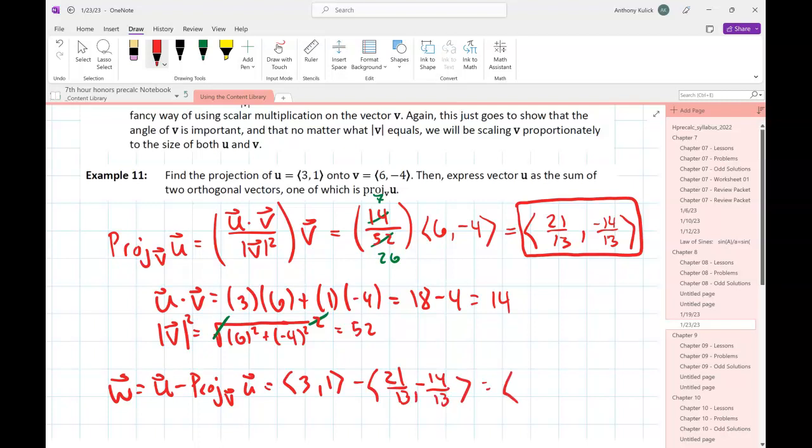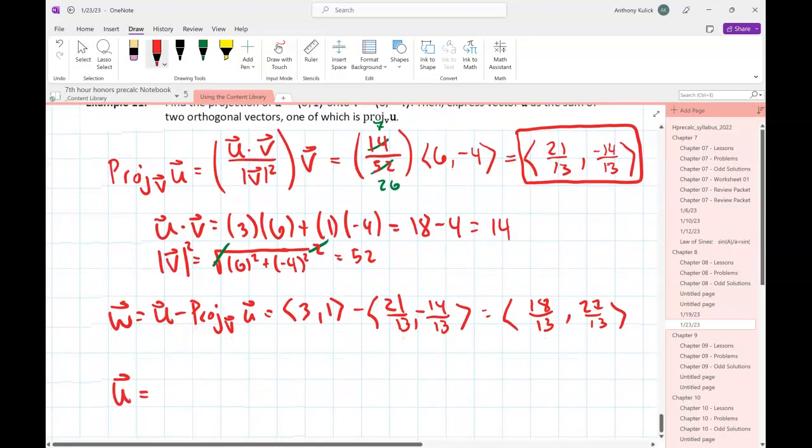So to do that, I just need to make common denominators. So 3 is really 39 over 13. 39 minus 21 is 18 over 13. 1 is really 13 over 13. So 13 minus a negative 14 is 27 over 13.